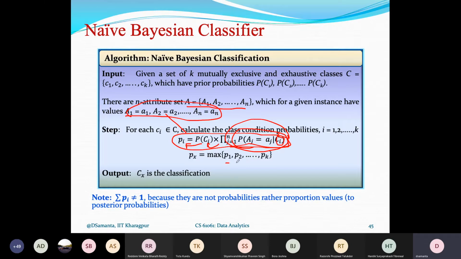If there are k classes, C1, C2, up to Ck, then out of these probability calculations, we have to take the max value.